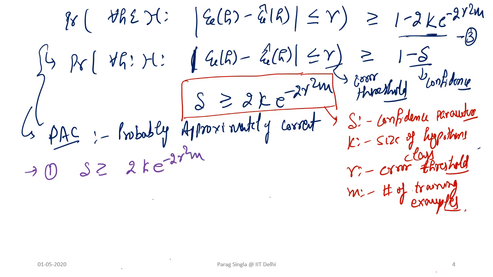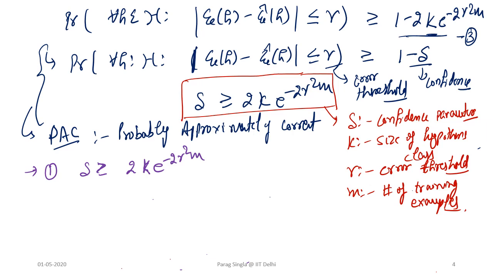So this particular way of writing this equation is saying that if someone gives me k, which is the size of the hypothesis class, and gives me a certain error threshold that I want to achieve, which is gamma, and a number of examples, which is m, then my delta, the confidence parameter, should be more than 2k e to the minus 2 gamma square m.